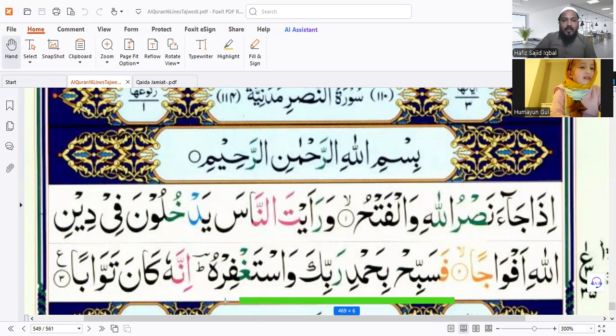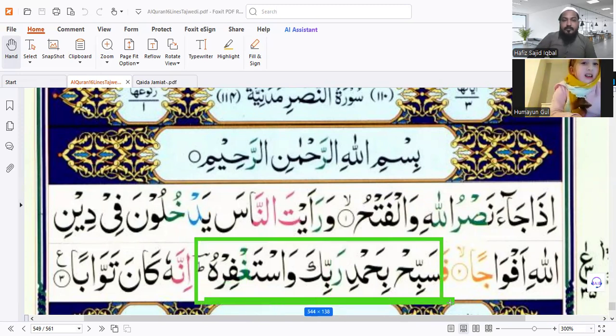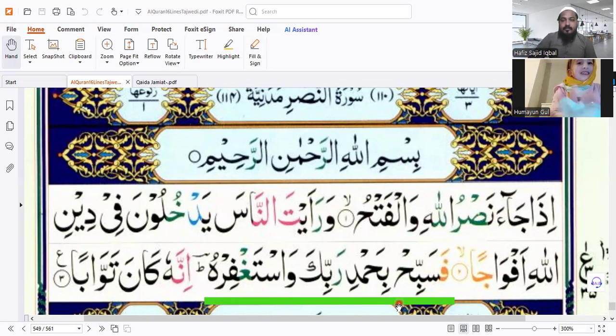Now all words together, and stop again at the ending word, with fluency. Shabash. Fasabbih bihamdi rabbika wastaghfir.